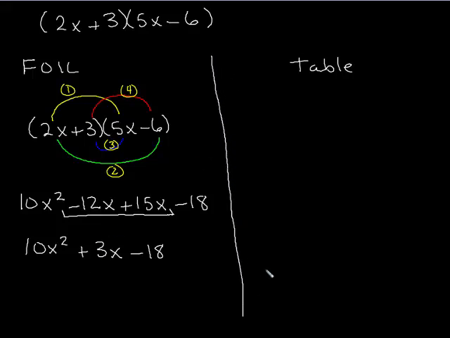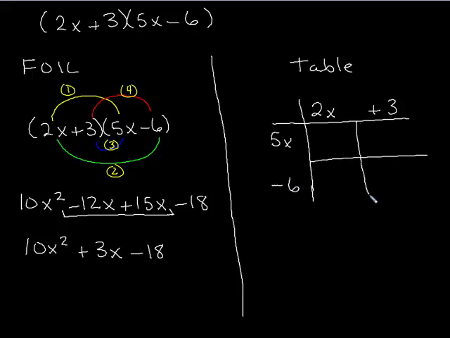Now using the table method, we make a table, and I write one binomial across the top and the other binomial down the side, keeping the plus and the minus with the second number. And then I create a table. I have 2 terms, so I have 2 columns, and I have 2 terms, so I have 2 rows.